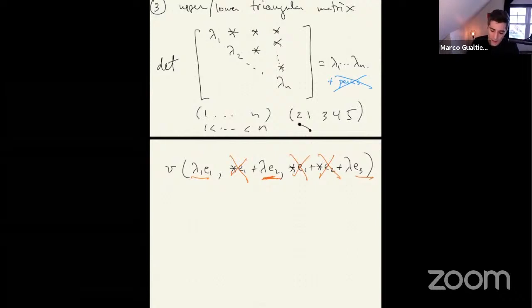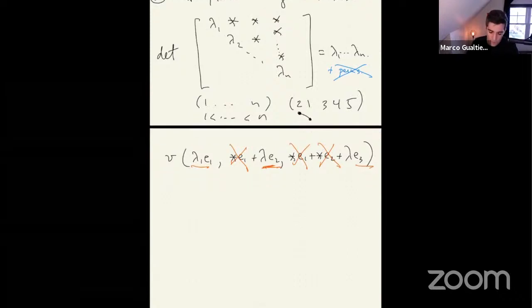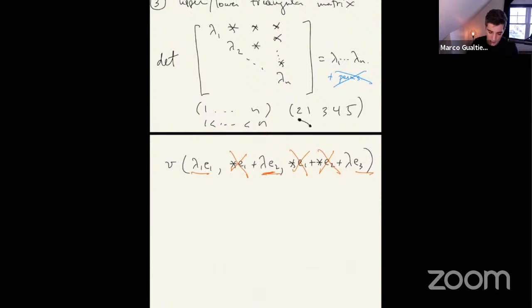Okay, and then finally, because of this, we can use the determinant to obtain the so-called characteristic polynomial.